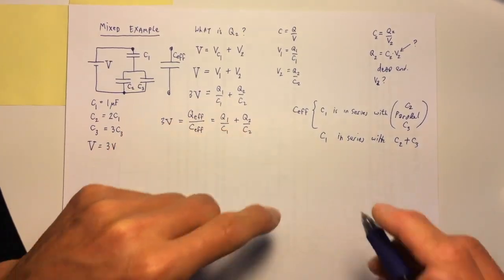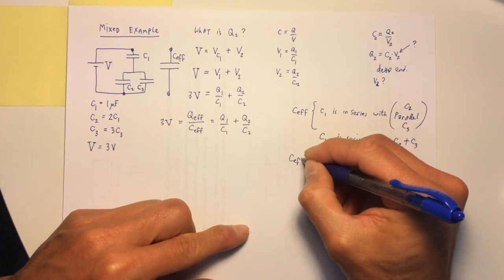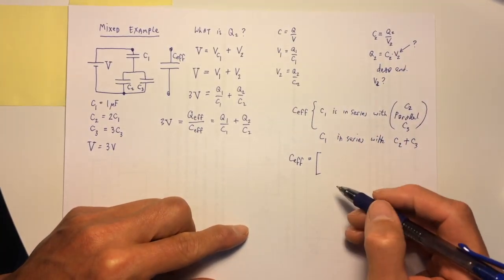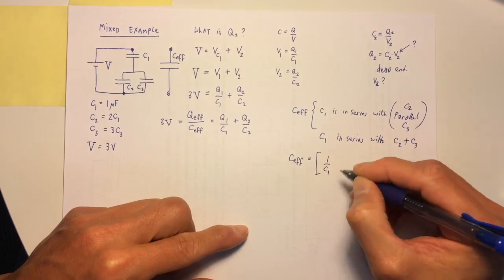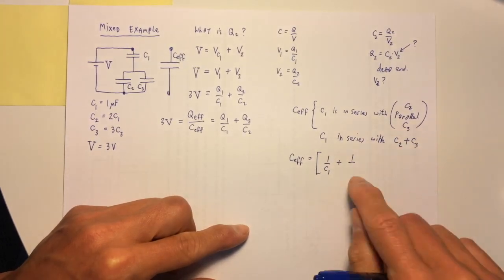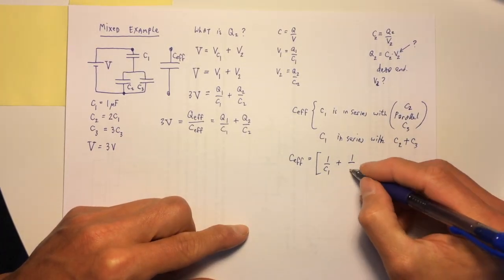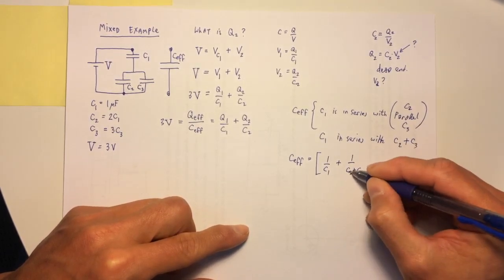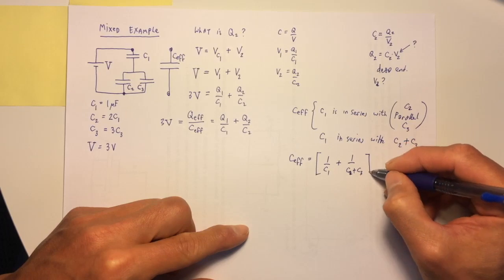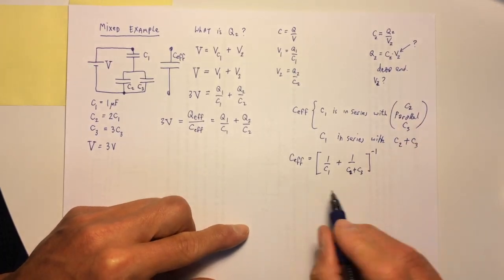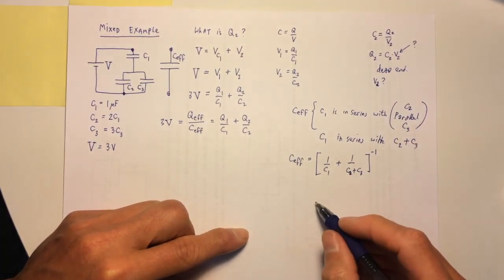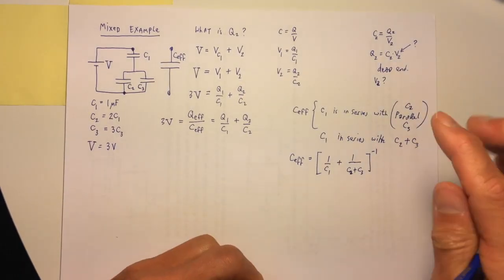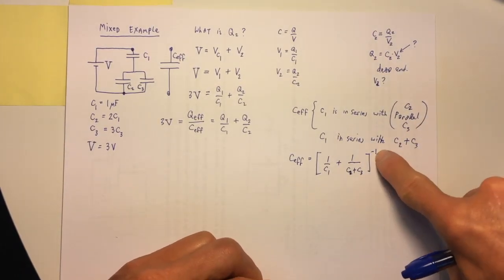So C effective, I'm going to write down what it's got to be. It's got to be the series combo, looks like 1 over C1, plus 1 over the parallel combo, C2 plus C3, like this. That's a 2. Don't forget raised to the minus 1, or else your dimensions are all messed up and you will not get the right answer. So it's got to have that minus 1.